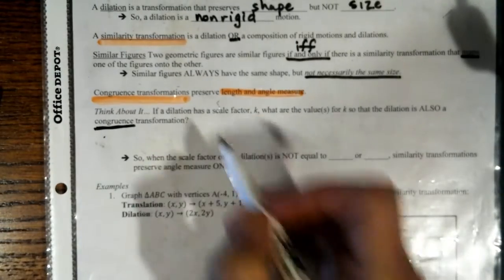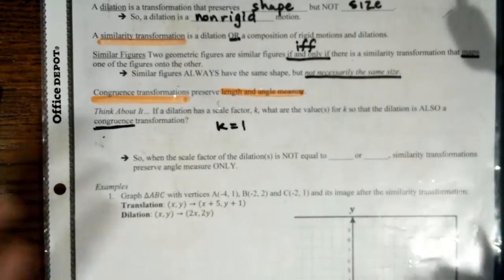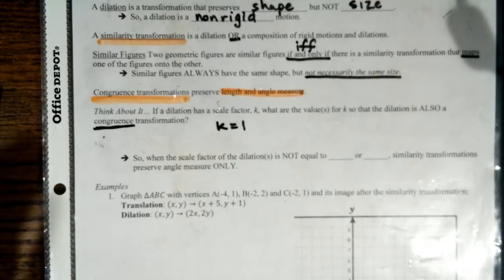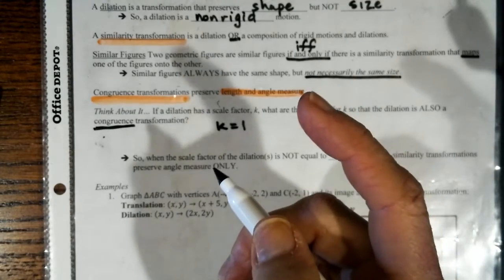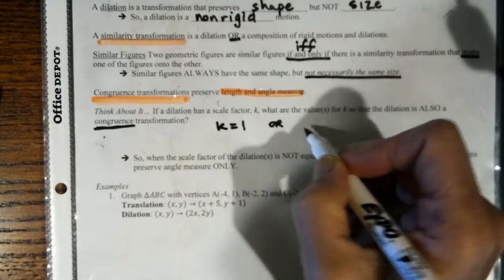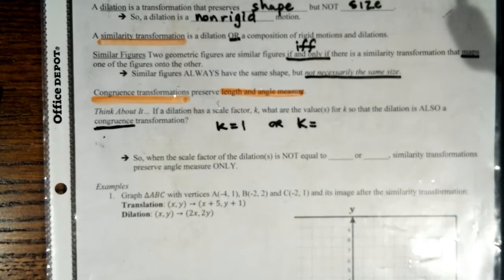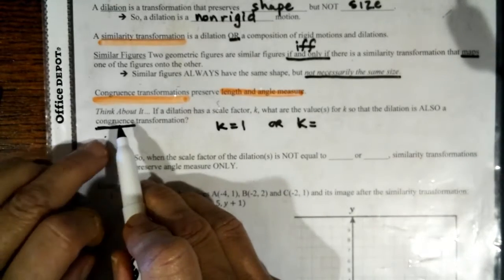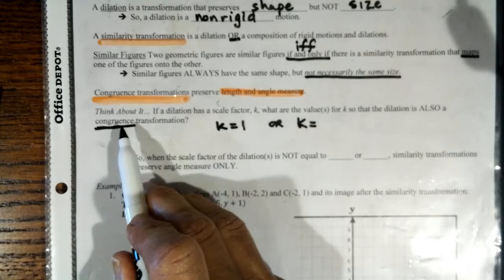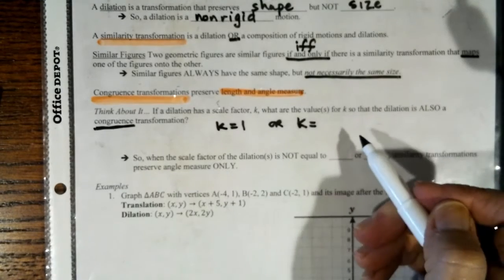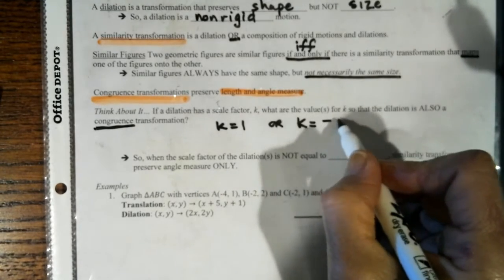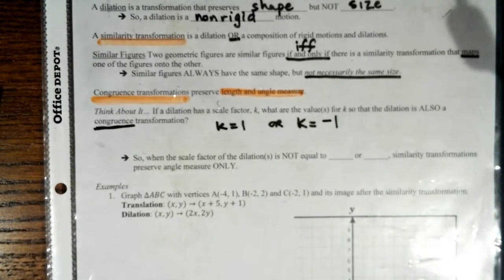Well, it's when it's 1. Okay, or there's another possibility. What else can K be to make it congruent? We talked about this yesterday. It can also be -1.